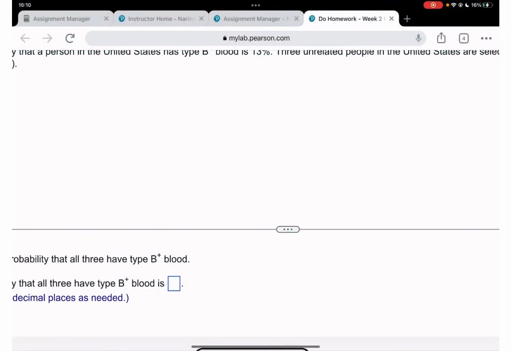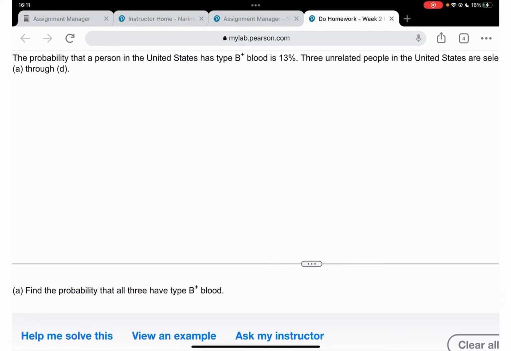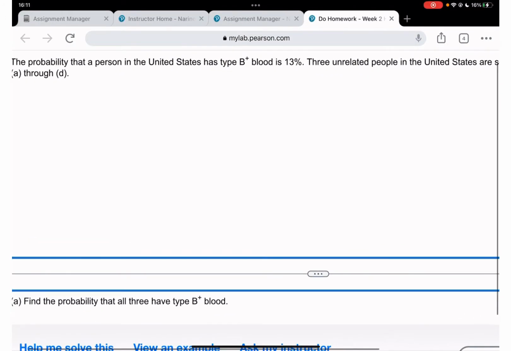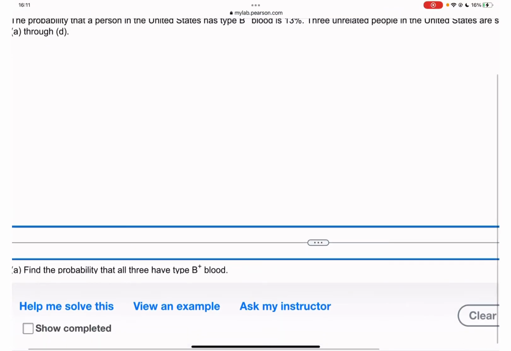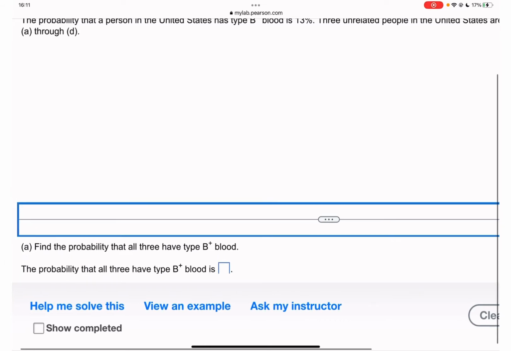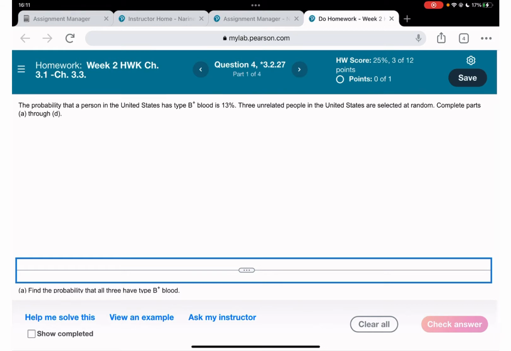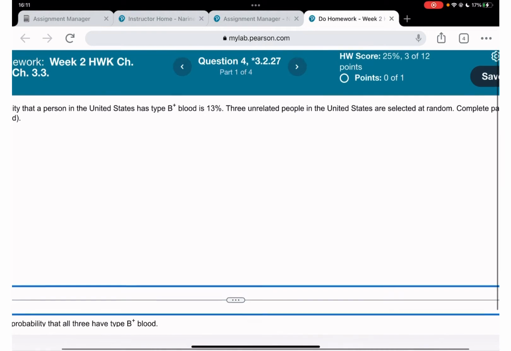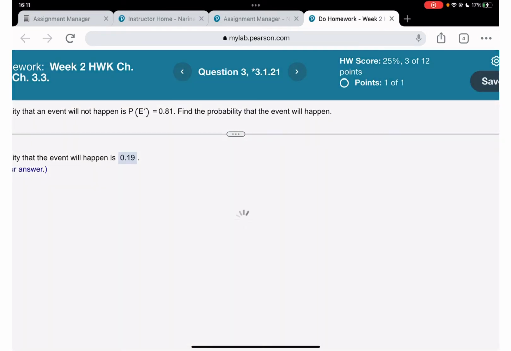So let me read. Round to 6 decimal places. Well, then that's what we have. 6 decimal places. What happened? Okay, let me go back and then come again.